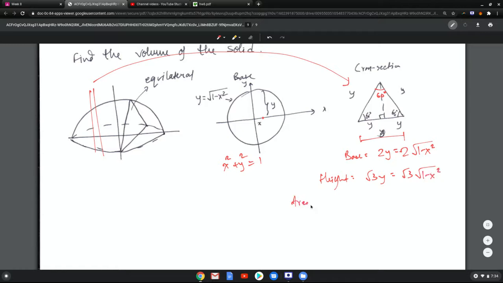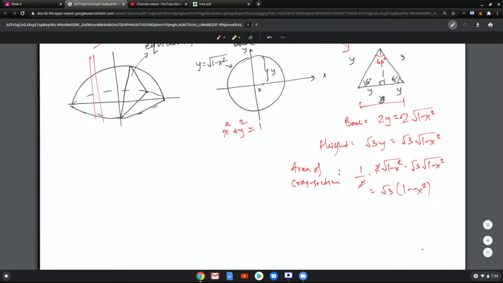So the area of the cross section, which is an equilateral triangle, is 1/2 times base, which is 2 root of 1 minus x squared, times height, which is root 3 root of 1 minus x squared, which is root 3 times (1 minus x squared). Now we don't have to use pi r squared here because our cross section is no longer circular, it's triangular in shape. Okay. So this goes from -1 to 1.